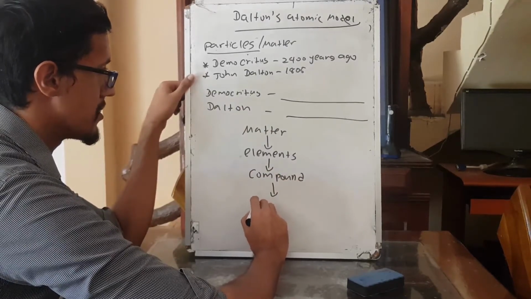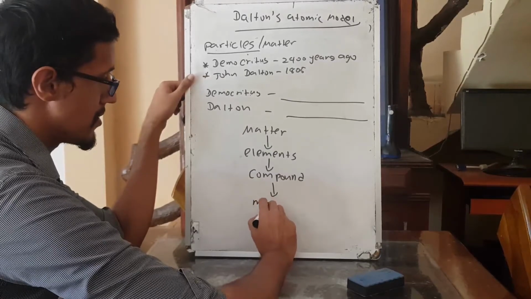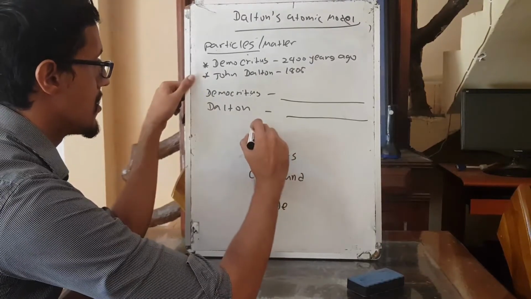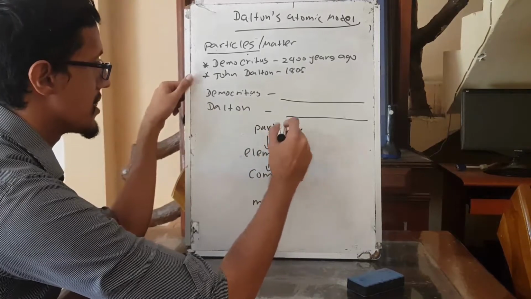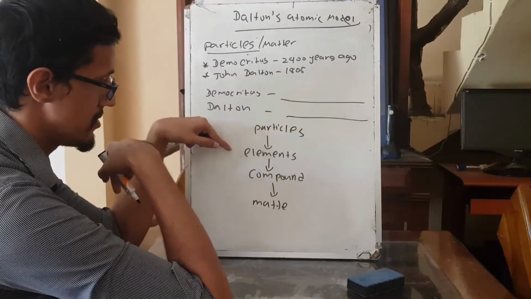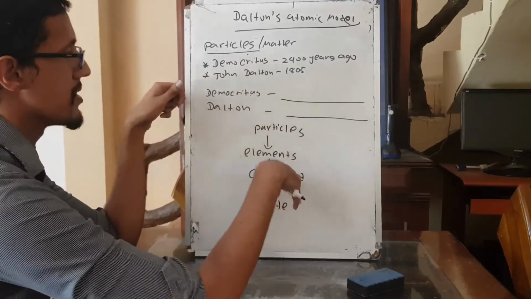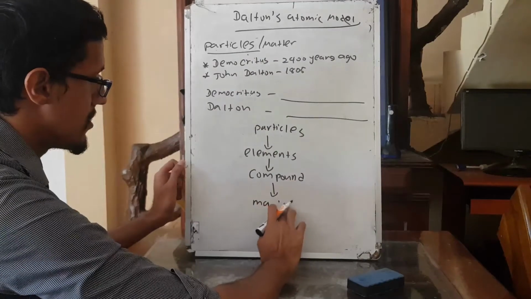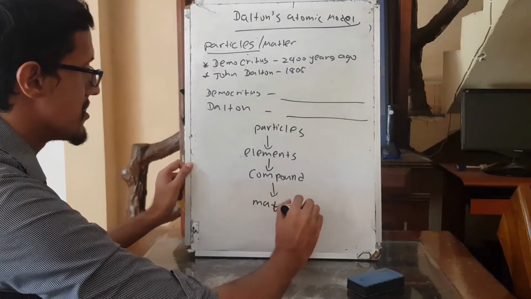So here you have to go for particles. Particles together make elements. Elements together make compounds. Compounds together make matter. Matter means things around us.